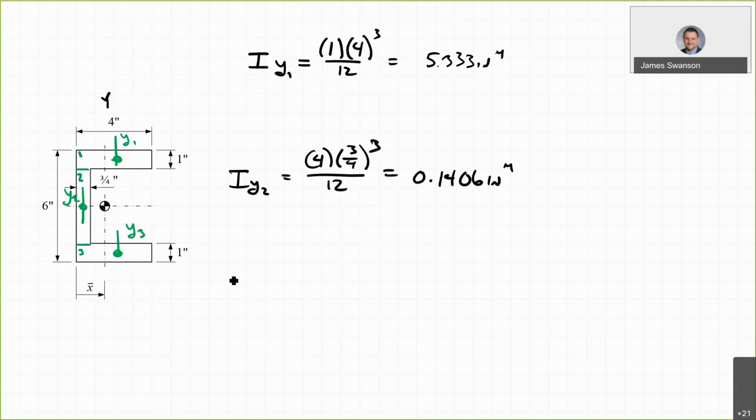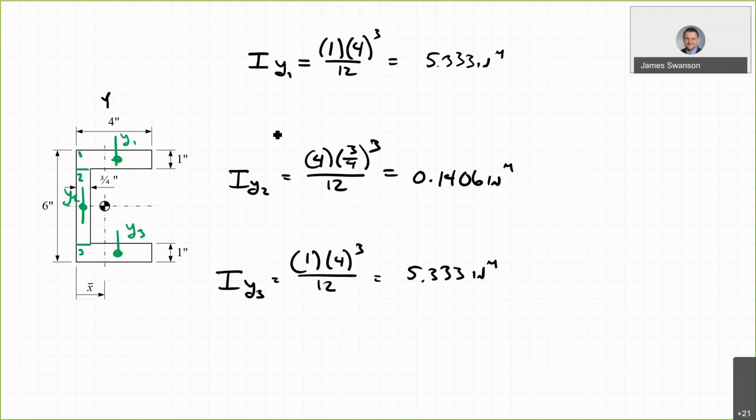And then finally, for the third area, I sub y3, this is equal to the base, which I'll call 1, height is 4 cubed, divided by 12 equal to 5.333 inches fourth. I can't add these three together because the axes don't line up with the big Y axis.